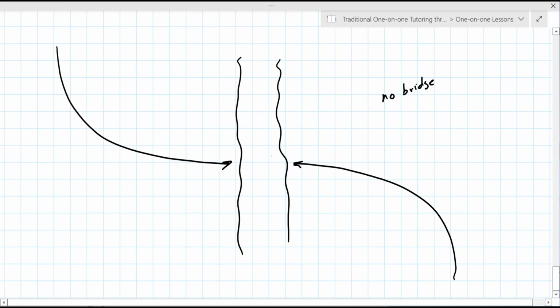The limit exists though. The limit exists because we can see each other. You're there and I'm here, and we can see each other. We just can't cross because there's a gap, or what's called a hole in math.